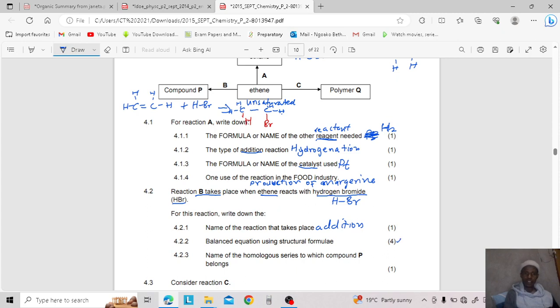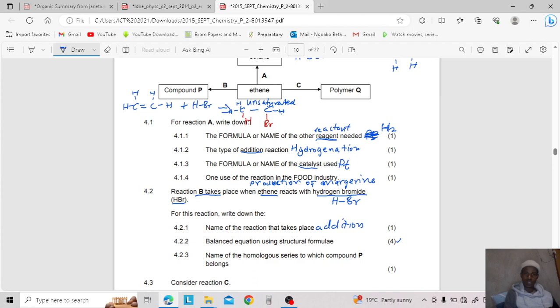Name of the homologous series to which compound P belongs. They're saying the type of the product, compound P. Compound P is this one.